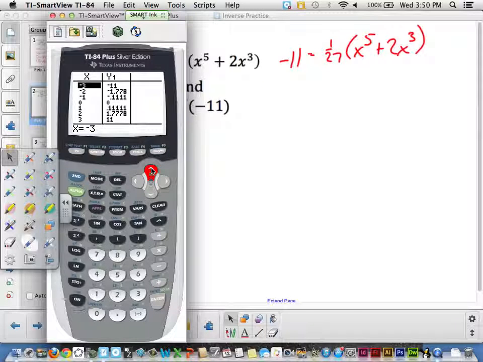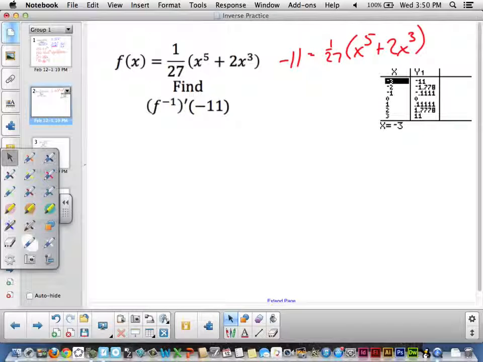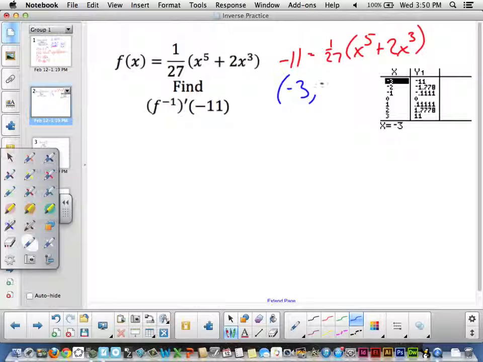So when x is negative 3, y is negative 11. So that's the point (negative 3, negative 11). So that means in the inverse it's (negative 11, negative 3).